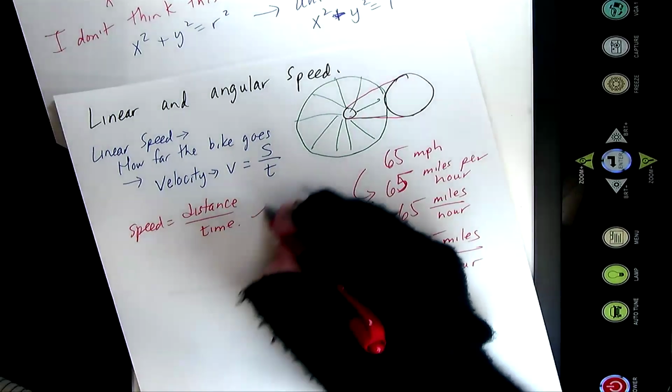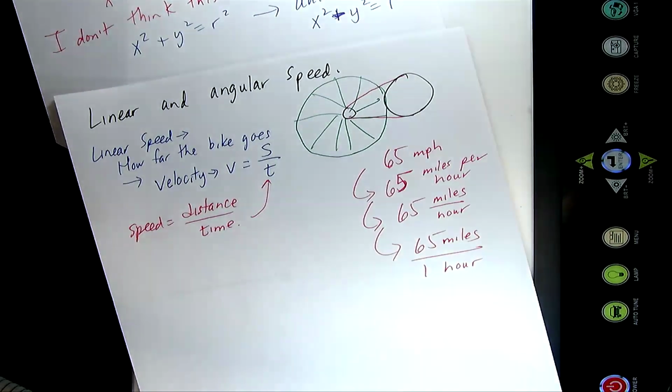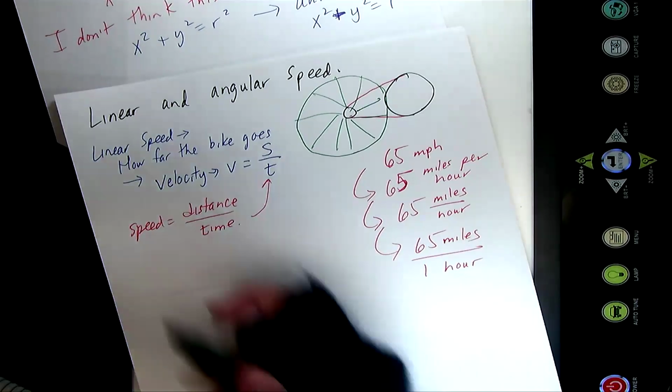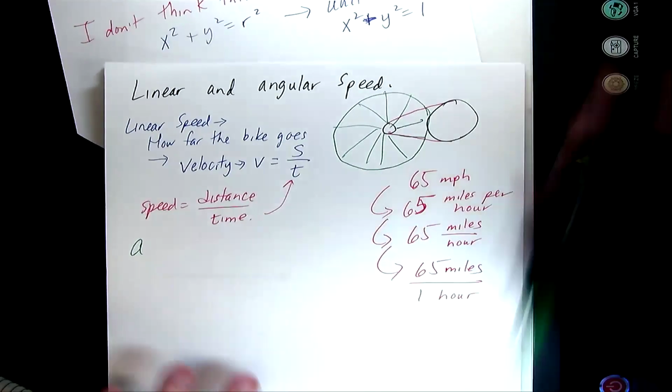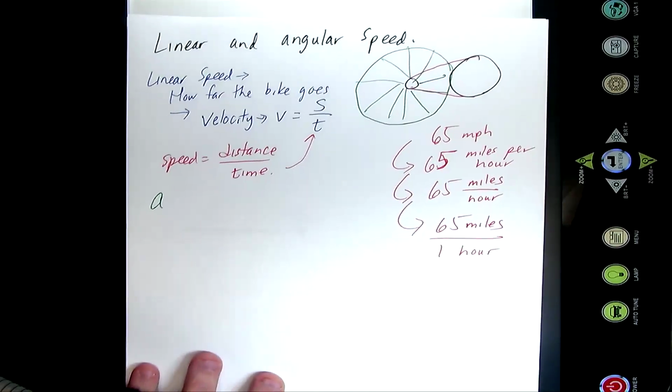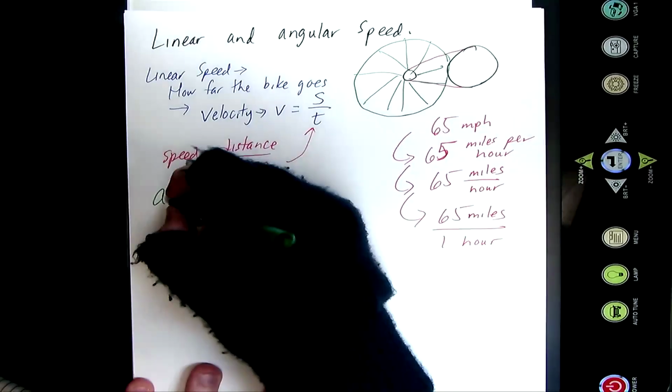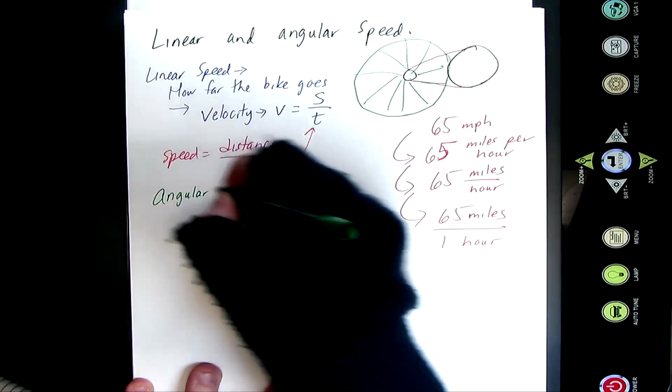And when we relate it to a circle, the arc length is gonna be our linear speed. And for angular speed, oh, the page all rotated. Angular speed also has a distance over time.